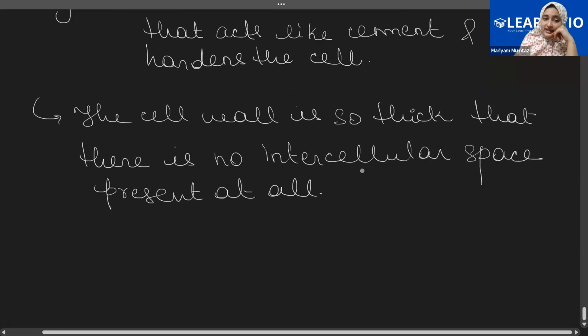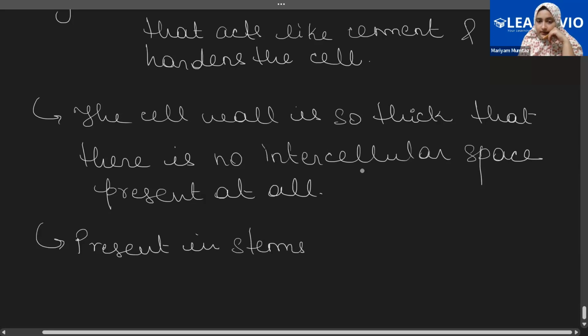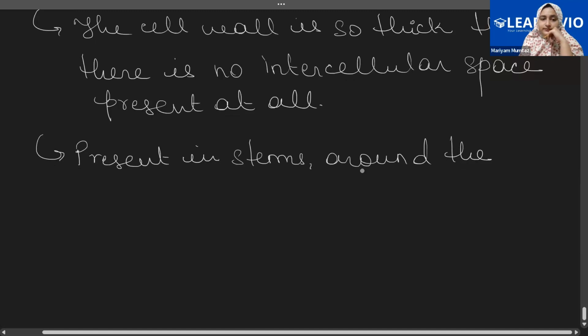Now talking about where it is located. These are present in the stem, around the vascular bundles. They are also present around the vascular bundles.